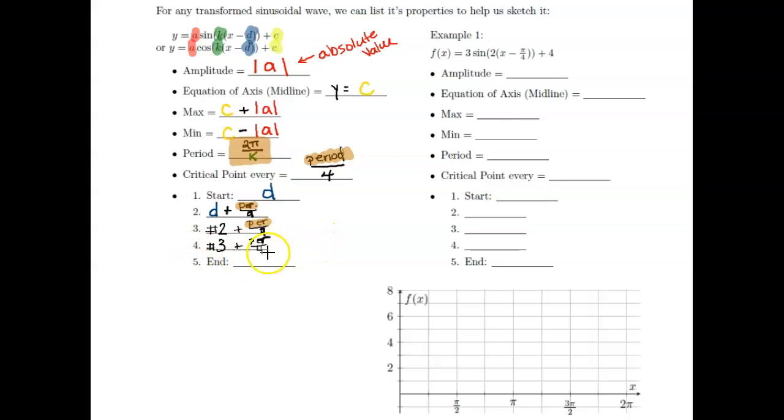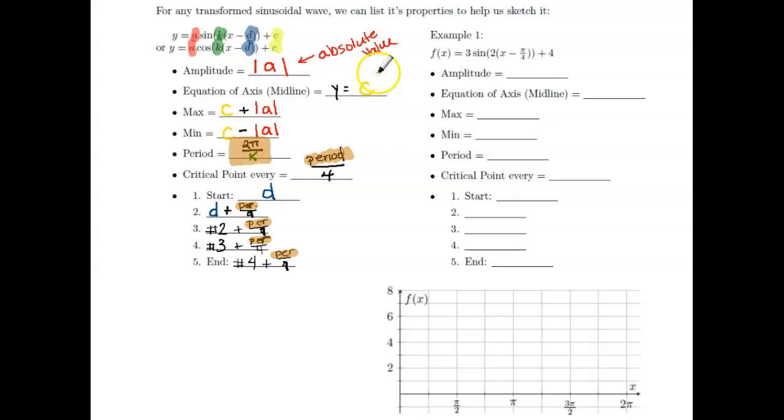And for my final, I take this number 4 coordinate and add another period over 4. Okay, so again, it looks a little bit weird here, but when we do our example, it'll be a lot more clear. Okay, but that is the general way to find all of our key features or properties. So let's do an example and we'll see how it sketches out.